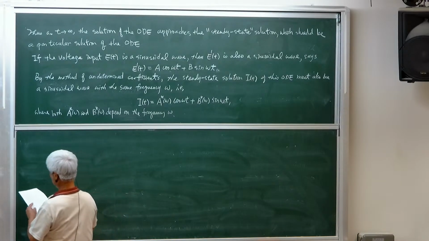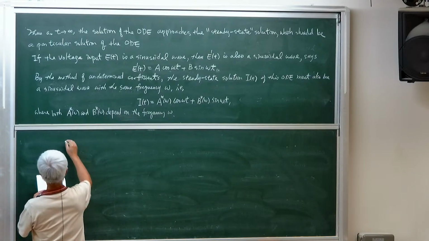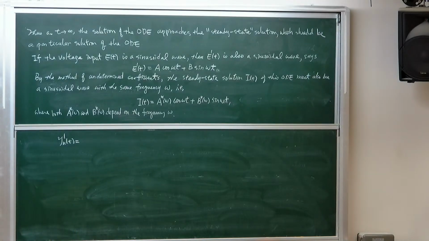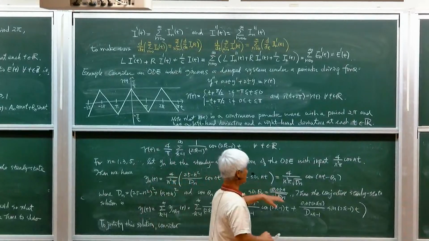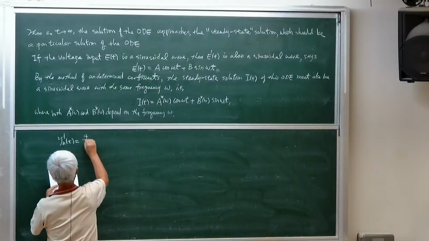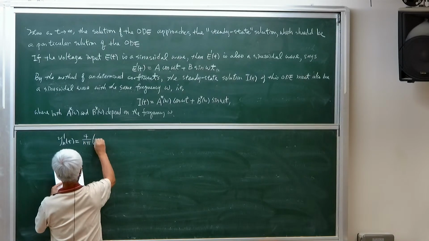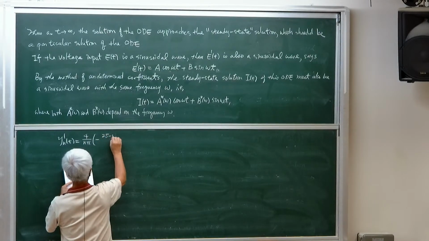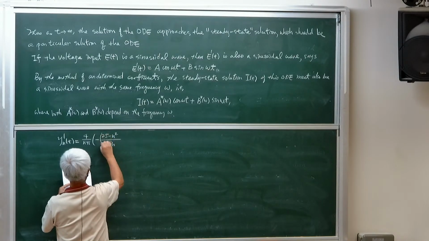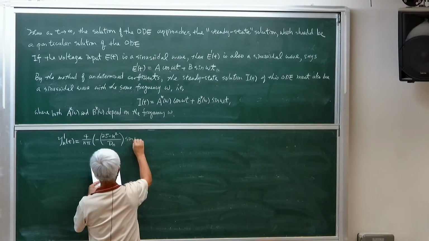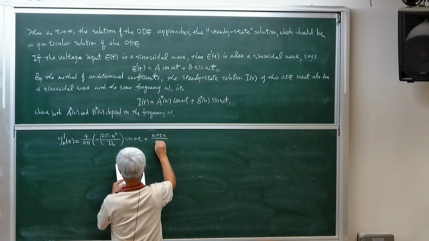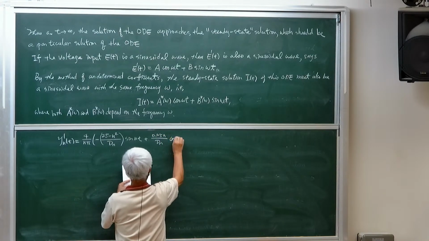Okay, so to justify the solution, we consider y_n prime of t. When we take the first derivative as well as the second derivative, we know that this is n, minus (25 minus n squared) divided by D_n, sine nt, plus 0.05 n divided by D_n, cosine nt.